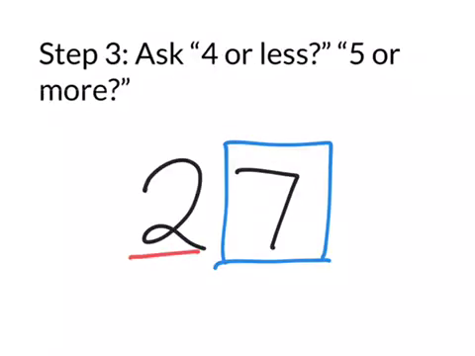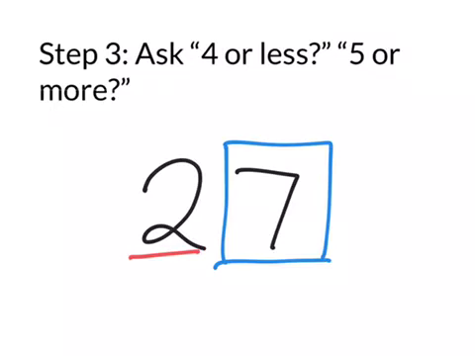Alright, so we have our number 27. We've done step 1 and underlined the place value that we're rounding to, so the 2. And we put a box around the number next door to it, the 7. Now with the number that's in the box, you have to ask yourself 4 or less, 5 or more. Before we do that, I want you to think of a thermometer.